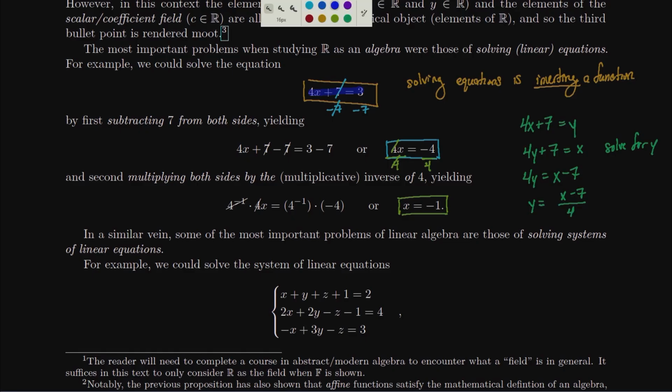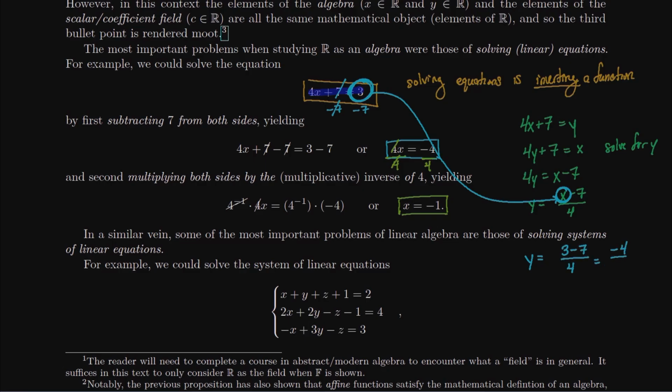Let's think about the original equation we wanted to solve, which had a right-hand side of 3. What's going to happen if I just plug that 3 in for x? Plugging in 3 for x there, it says y is equal to 3 minus 7 divided by 4. That's negative 4 divided by 4. It says y is equal to negative 1. What was our solution? Our solution was negative 1. So it turns out that inverting functions and solving equations are really the exact same procedure. It just turns out that when inverting functions, you're keeping variables around when maybe you don't need to.